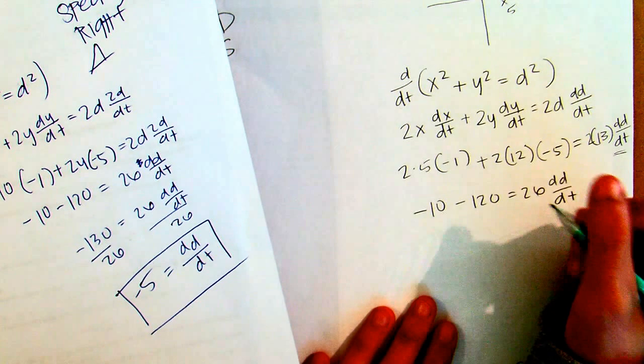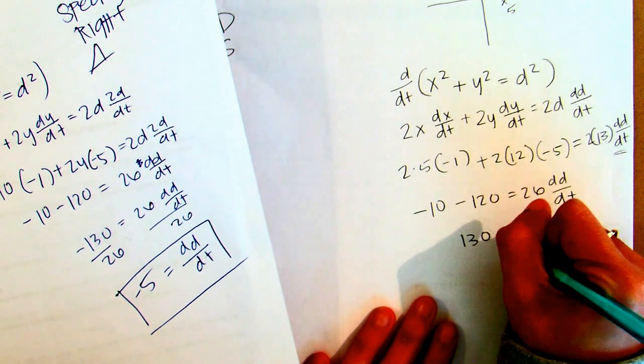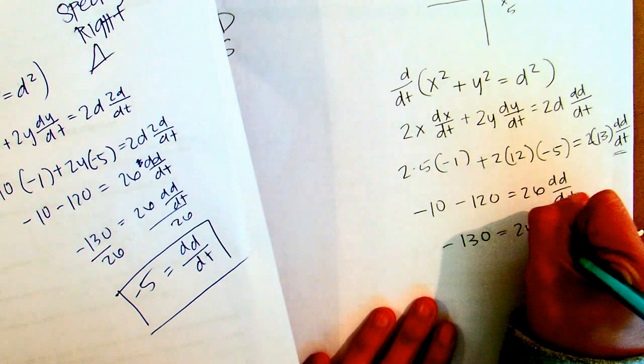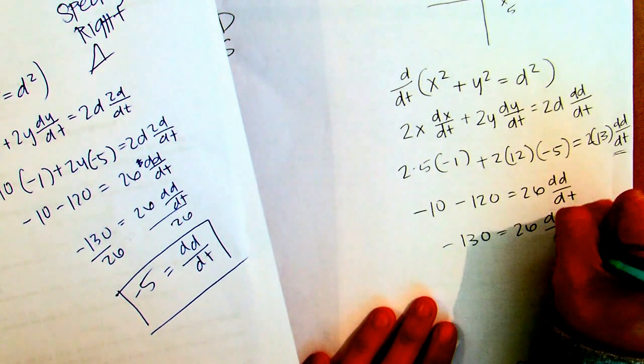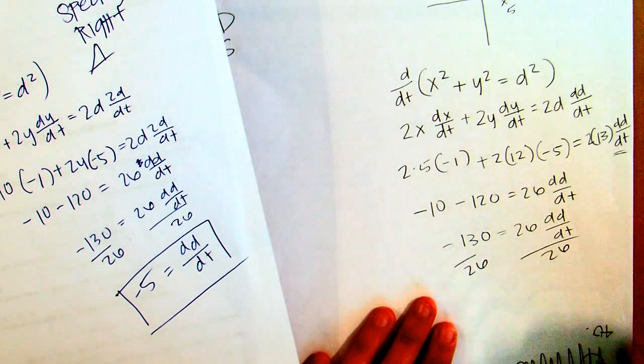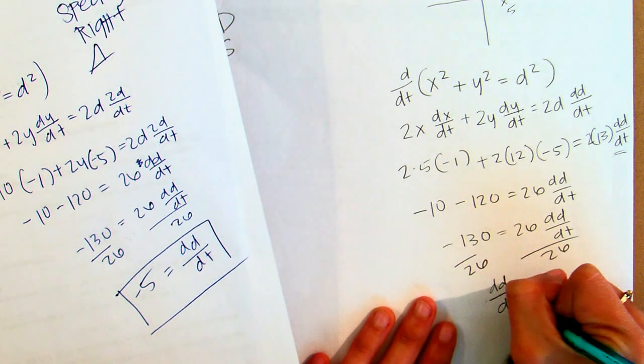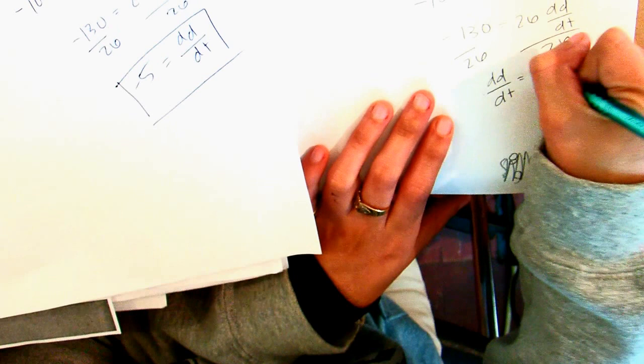And now I could simplify this and get negative 130 equals 26 dd/dt. And now I could divide by 26. And that's going to be dd/dt equals negative 5.